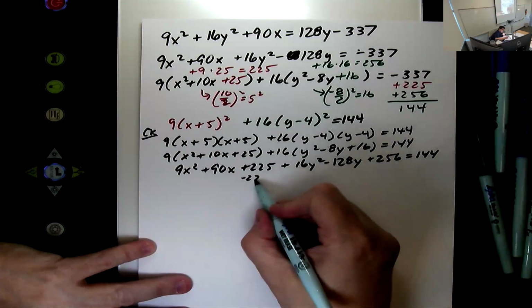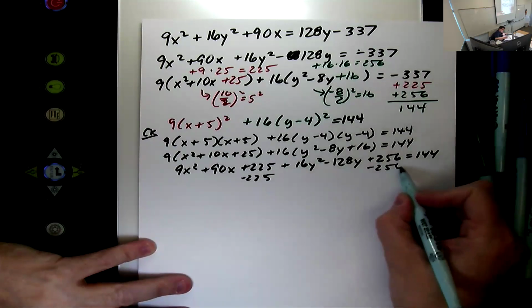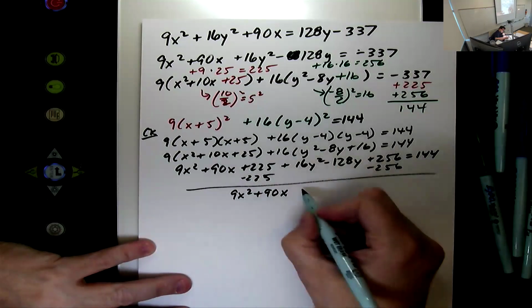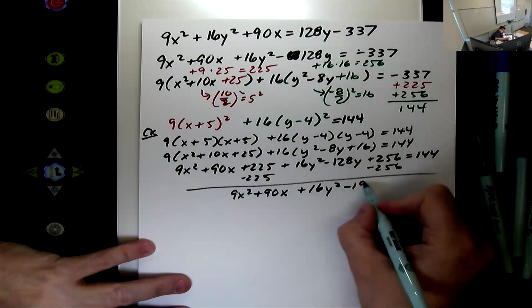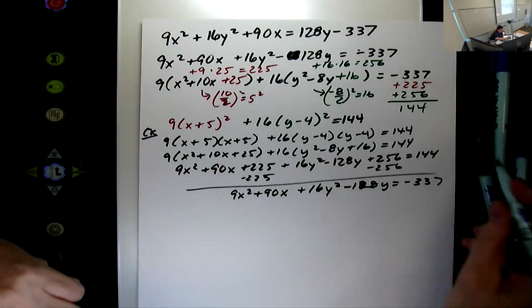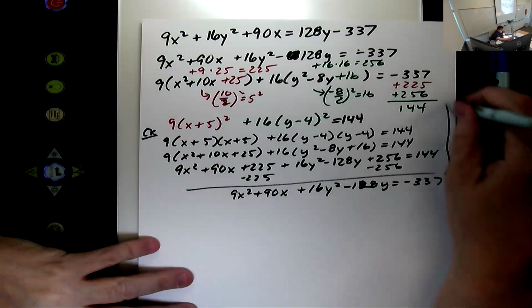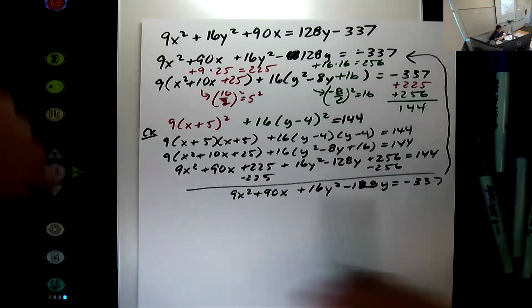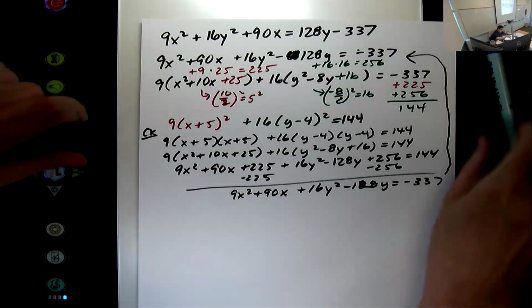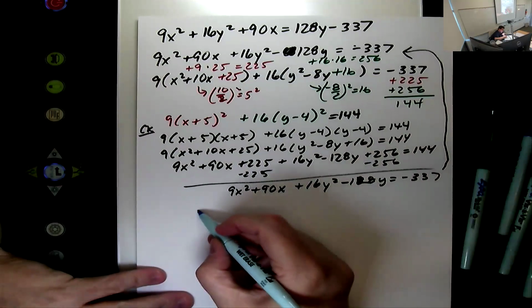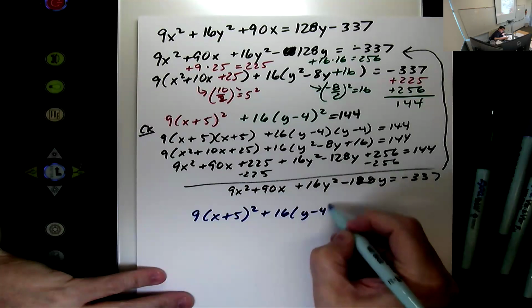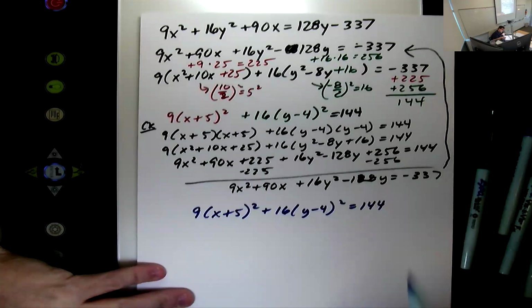I'll subtract the 225 and the 256, and I have what we had before we completed the square. So that was a valid complete the square. So back to where we were. We had 9 times x plus 5 squared plus 16 times y minus 4 squared equals 144.